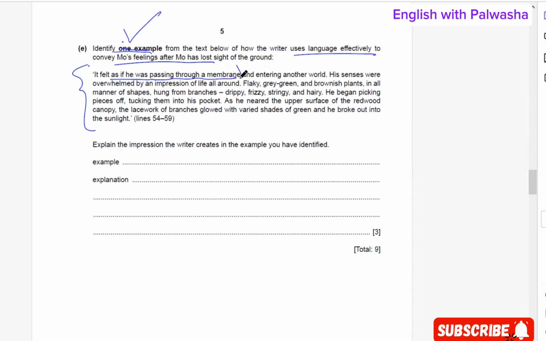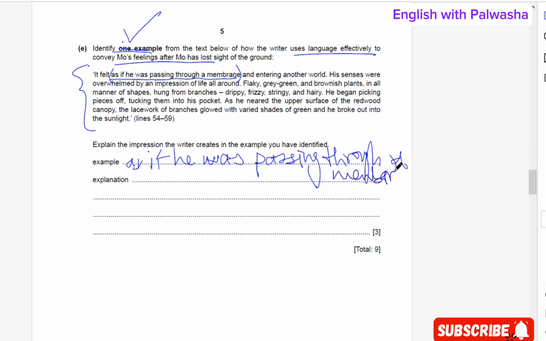Just you picked up this sentence and wrote it here in the example. Okay, now it's not being written on this. There is a problem here. As if he was, let's suppose, was passing through a membrane. All right, this is the example which you are going to fix in it.